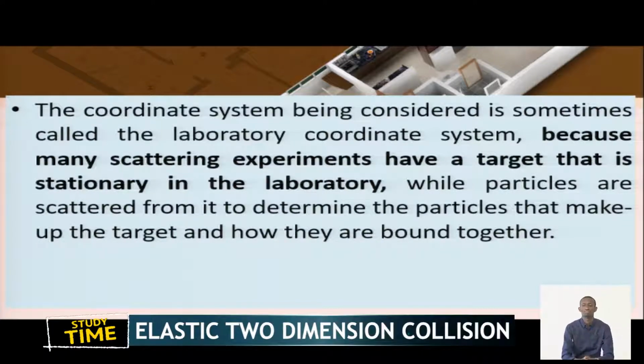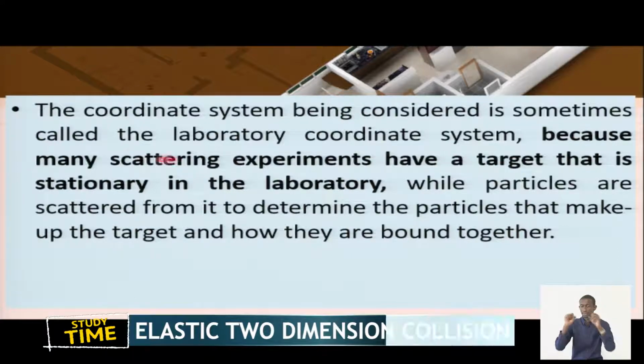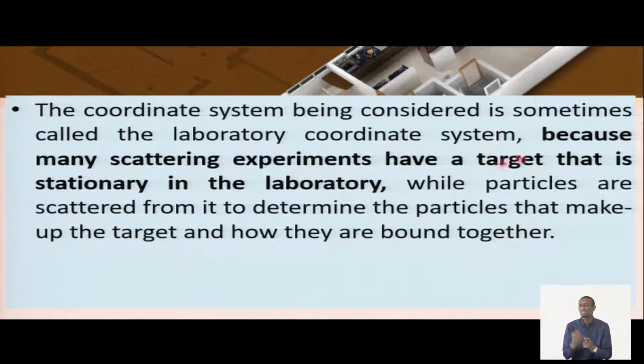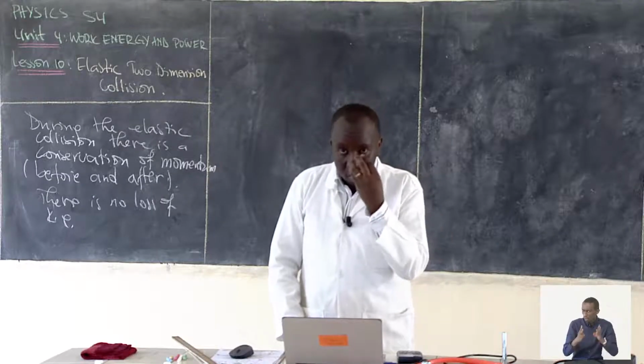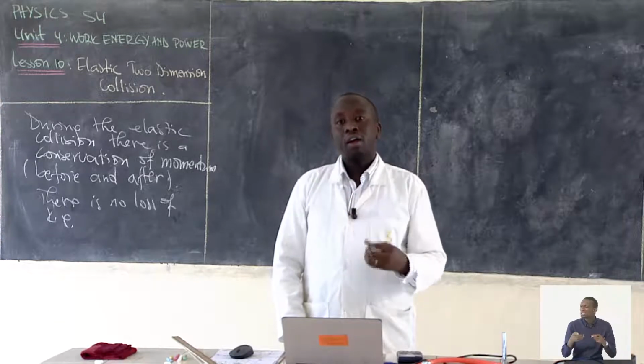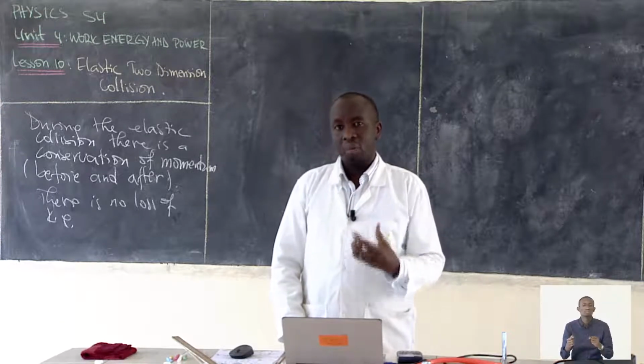Here we are saying the coordinate system being considered is sometimes called the laboratory coordinate system, because many scattering experiments have a target that is stationary in the laboratory. A stationary target means that in the study of some particles, we assume a particle in a box that you can't see, and it is being hit by another particle.